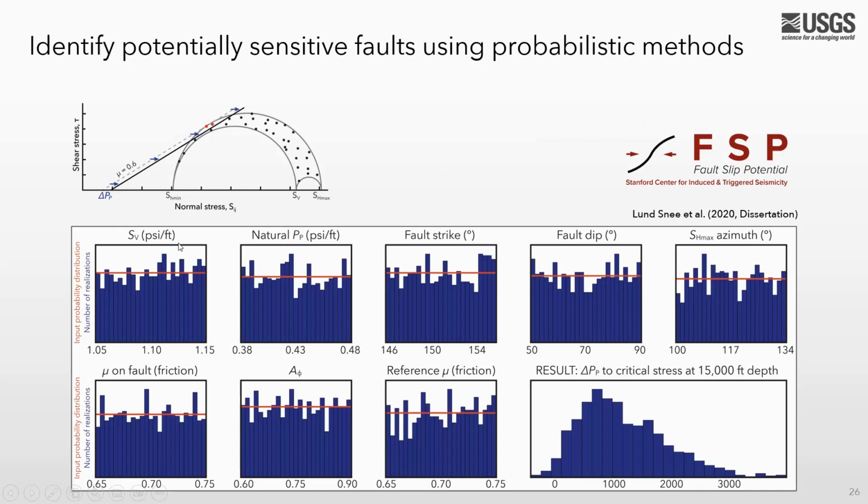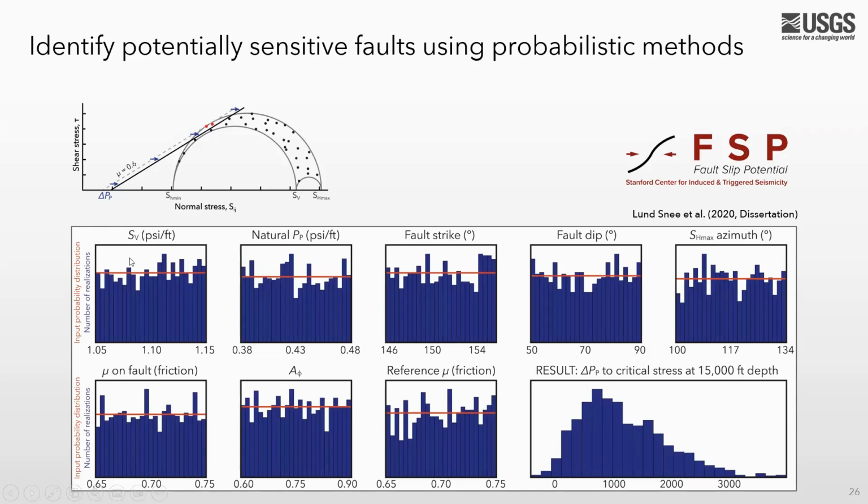It's a probabilistic tool that does a Monte Carlo process. So you can put in the uncertainty ranges as you know them for the parameters of interest: fault strike and dip, the stress information, the initial pore pressure. It's a simple program meant to be a screening tool.